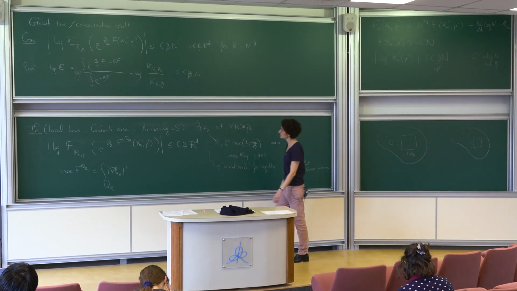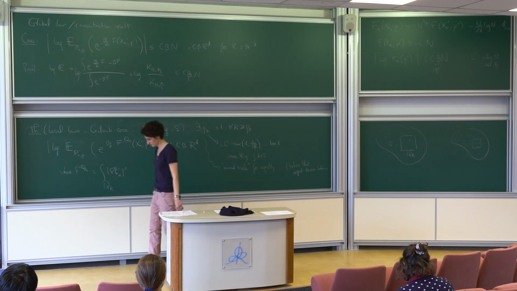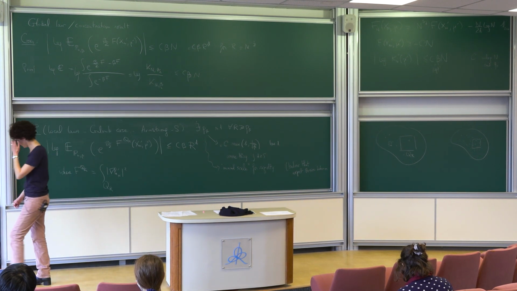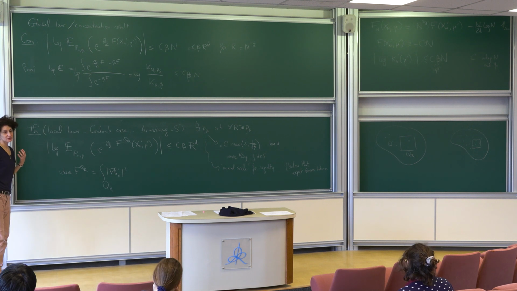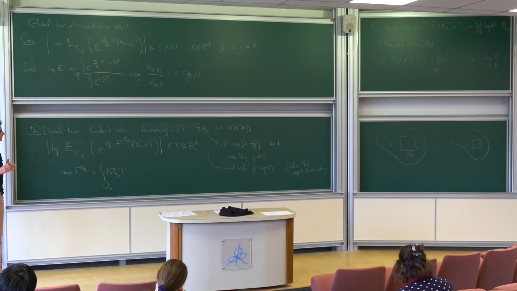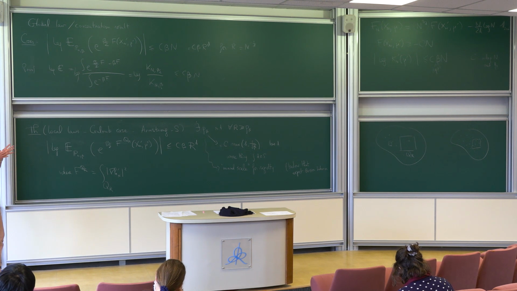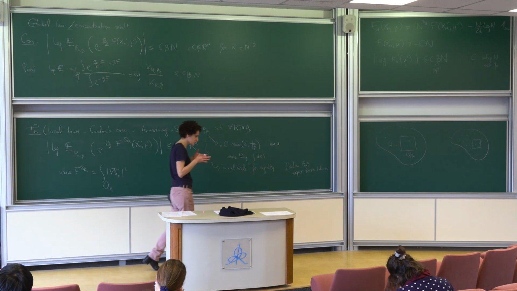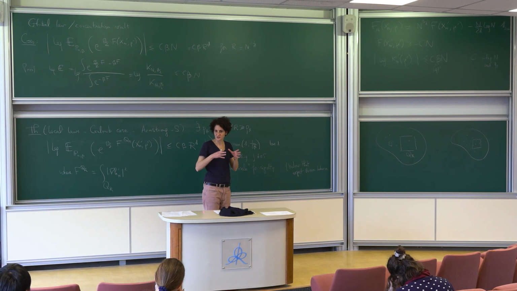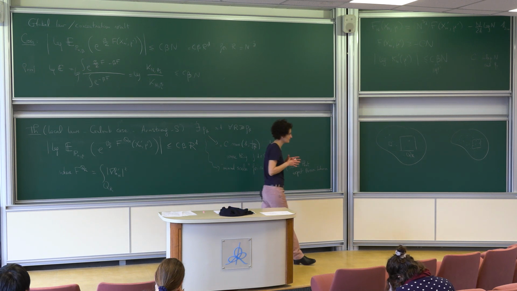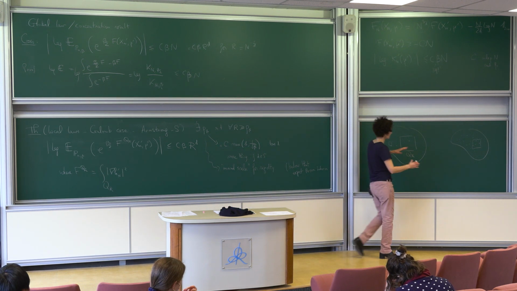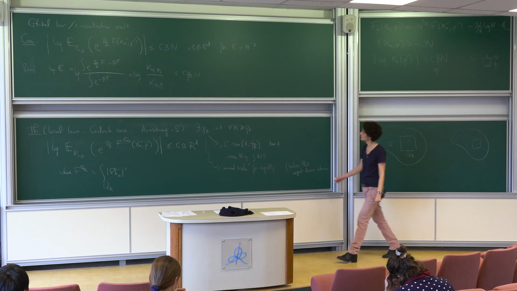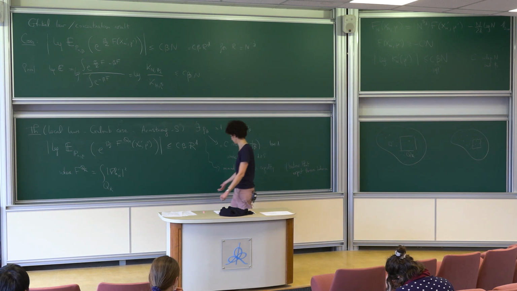Okay, so how is that going to proceed? It's the most difficult part of everything I've shown you so far, because there's a significant amount of work to do here. You want to do basically a bootstrap on scales. You want to take information that you have at the largest scale.